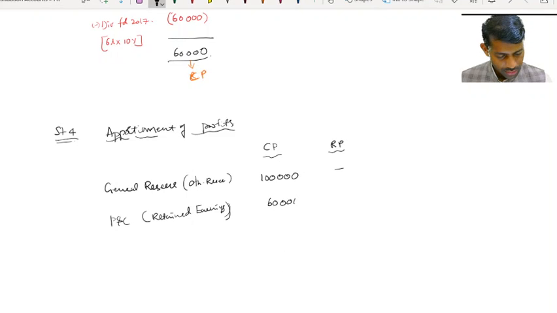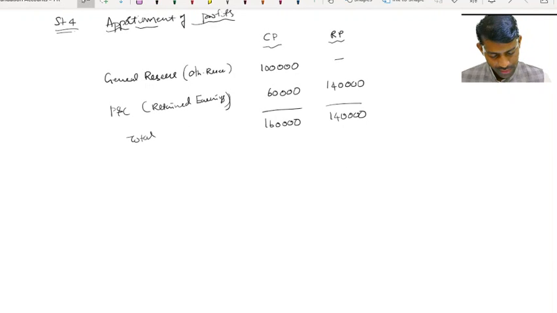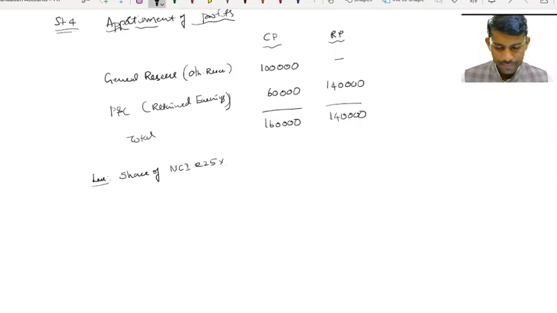So here 60,000 and 1,40,000. Total 1,60,000 and 1,40,000. Less: share of non-controlling interest at 25%, which amounts to 40,000 and 35,000.